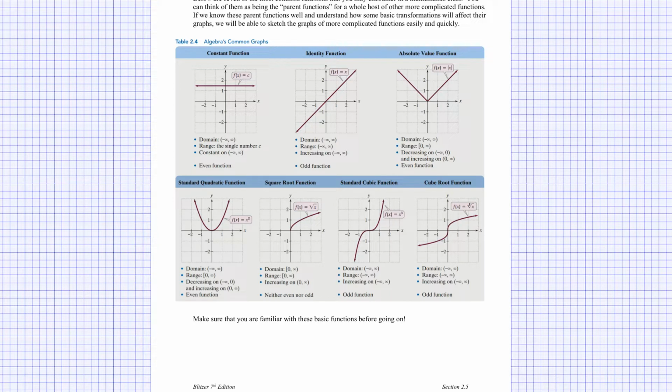So before we're going to be able to do transformations on these, we need to make sure that we have these well established. So if you need to, if these are new to you, go ahead and pause the video and take a minute to make sure that you understand both the function definition for each of these parent functions, as well as their basic graphs and their shapes.